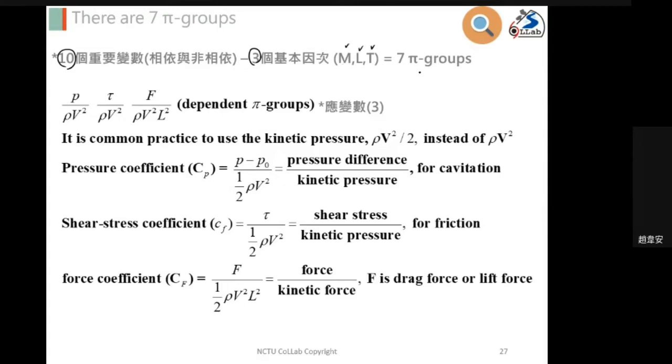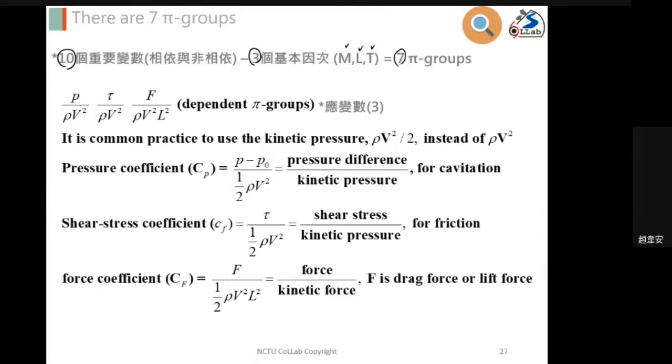So we will get 7 pi groups. The following slide introduces the 7 pi groups and the physical meanings of the variables.